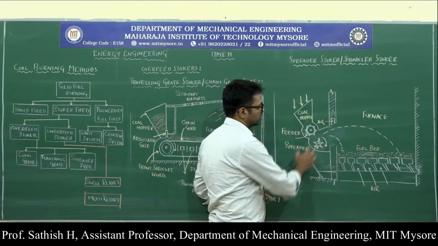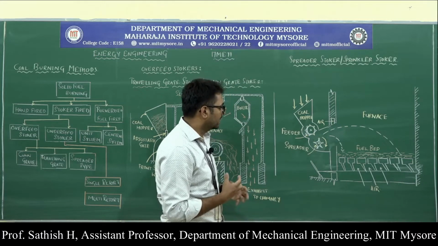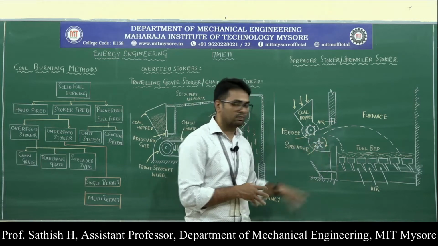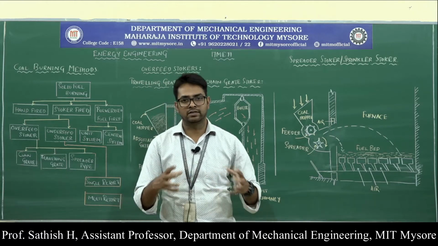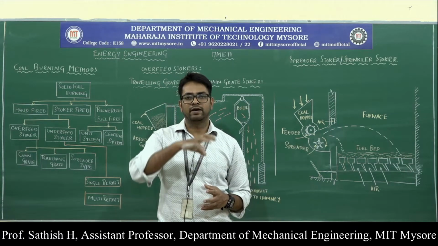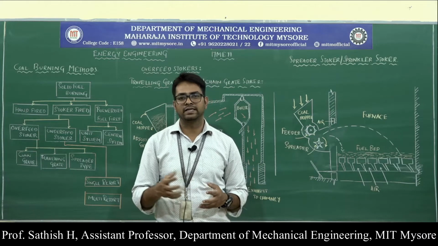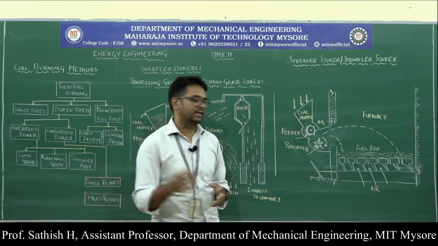The spreader is like a rapidly rotating shaft on which multiple teeth are mounted. On the circumference of the spreader we have multiple teeth which rotate rapidly, whereas the feeder is at a low speed and the spreader is rotating at a higher speed.